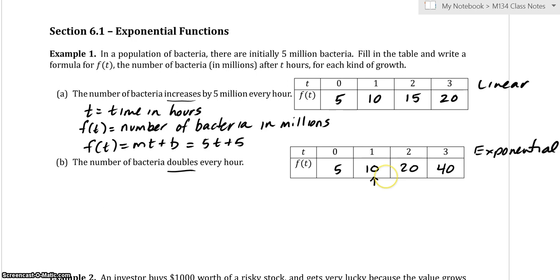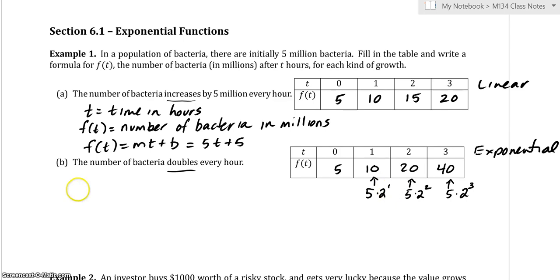So how did I get this? I got this 5 times 2, and then I realize it's 10 times 2, but I want to use these numbers. So this would be 5 times 2 times another 2, so I'll call it 2 squared. And then this one is going to be 5 times this guy times another 2, so it would be like 2 cubed. So there would be a little 1 right there.